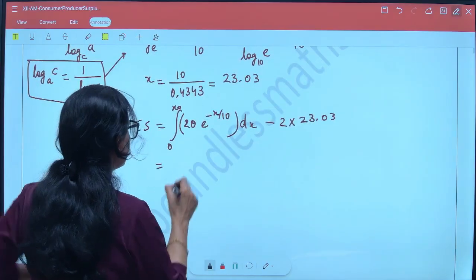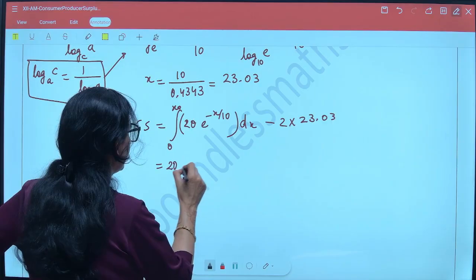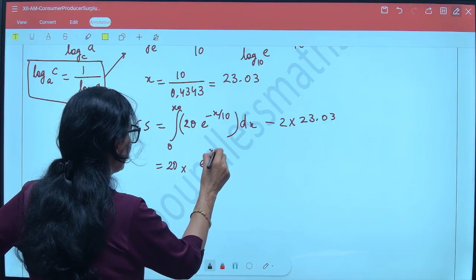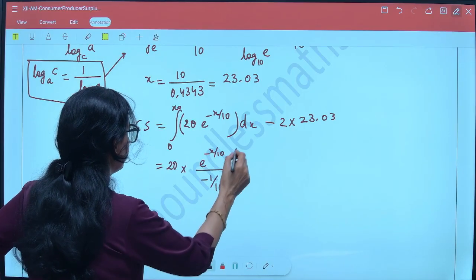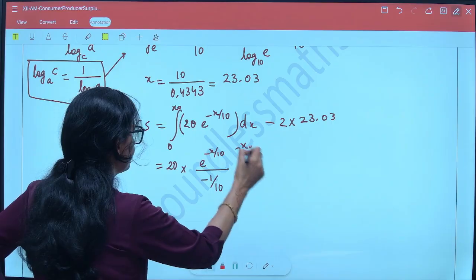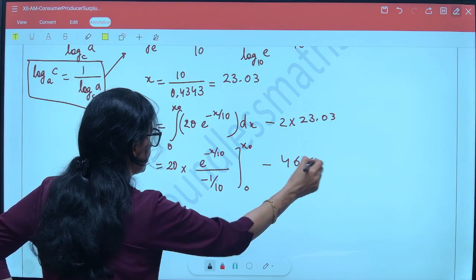So this becomes, let's integrate, keep 20 aside because it is a constant. Integral of e raised to power minus x by 10 is this divided by coefficient of x, which is minus 1 by 10. The limits are 0 to x naught minus double of this is 46.06.